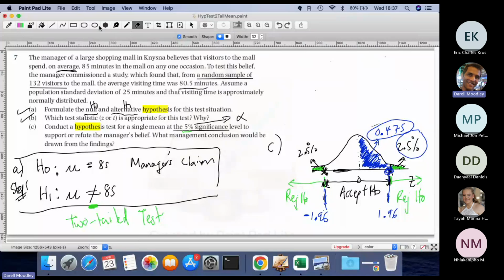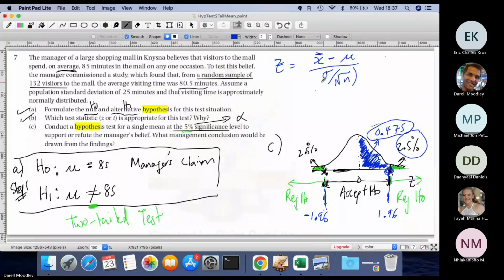That formula is Z equals X bar minus mu all over sigma over square root n. That's all we've got to work out.